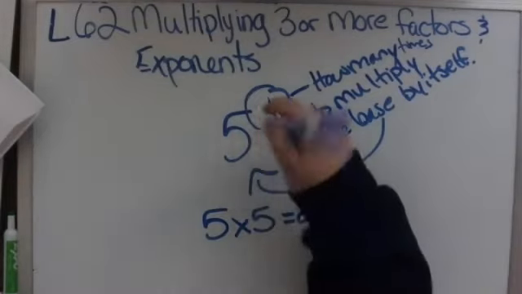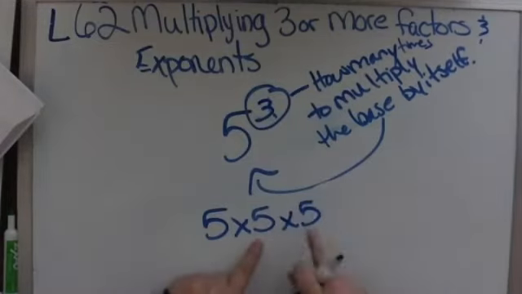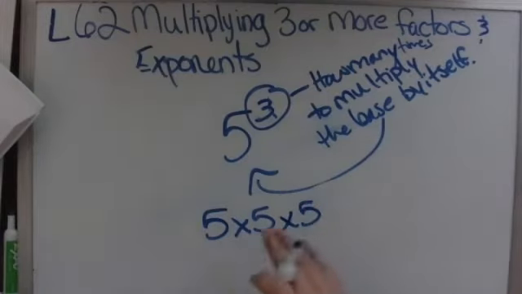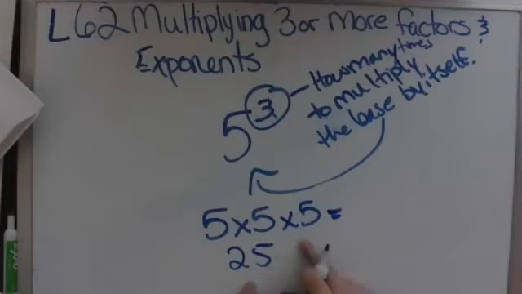Now, if I had 3 there instead of 2, that means I need my base, and I need 3 of those bases, because the exponent tells me how many of these at the bottom I need. So I would do 5 times 5 is 25, times 5. Now I'm doing 25 times 5.